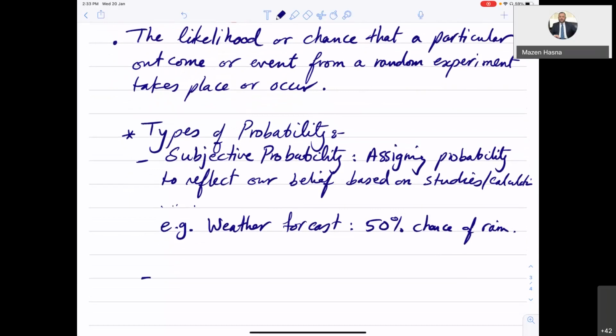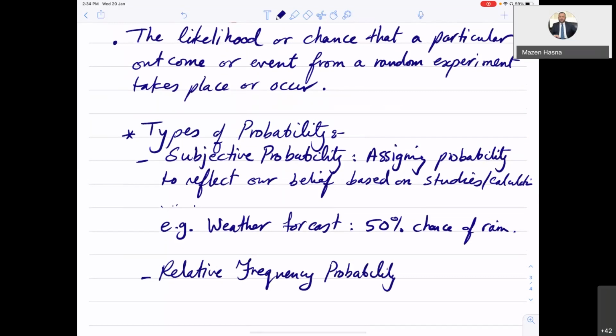The other way of assigning numbers to probability is what we call relative frequency probability. This type deals with random experiments that you can repeat in the lab, or you can repeat yourself.